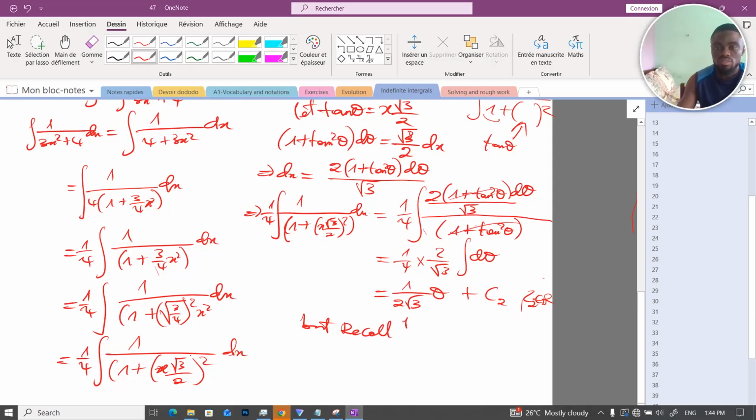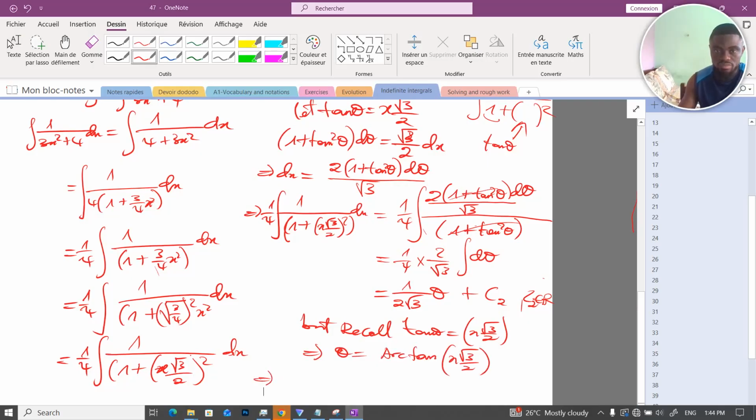But recall that our tan theta was equals to what? x root 3 on 2. Is that okay? This implies theta will be equals to what? Arc tan of x root 3 on 2.